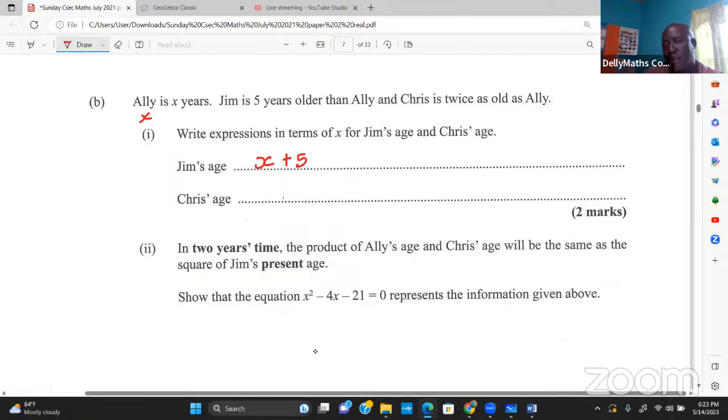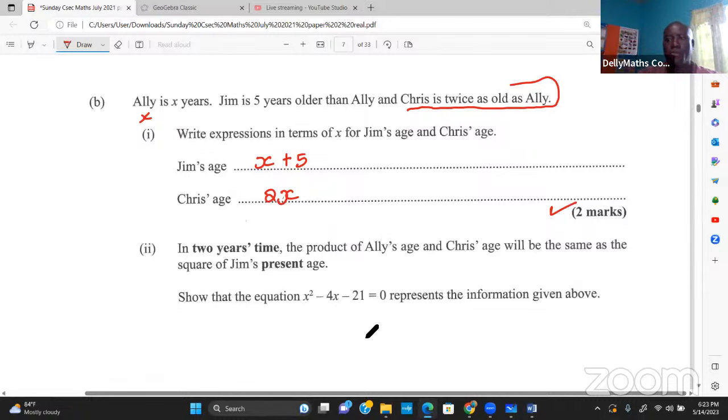And then the further thing says Chris is twice as old as Ali. So Chris' age is going to be 2 times x. So there it is. We have x plus 5 and 2x, 1 mark each, a solid 2 marks there. Easy.